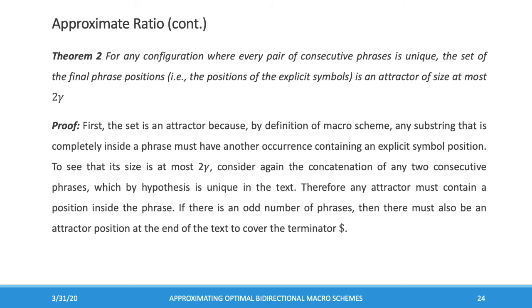If there is an odd number of phrases, then there must also be an attractor position at the end of the text to cover the terminating dollar. Even though this condition is not always obtained, it does occur several times for some classes of strings. For these classes, it is an improvement over the O(log n) approximation provided by the Lempel-Ziv algorithm.